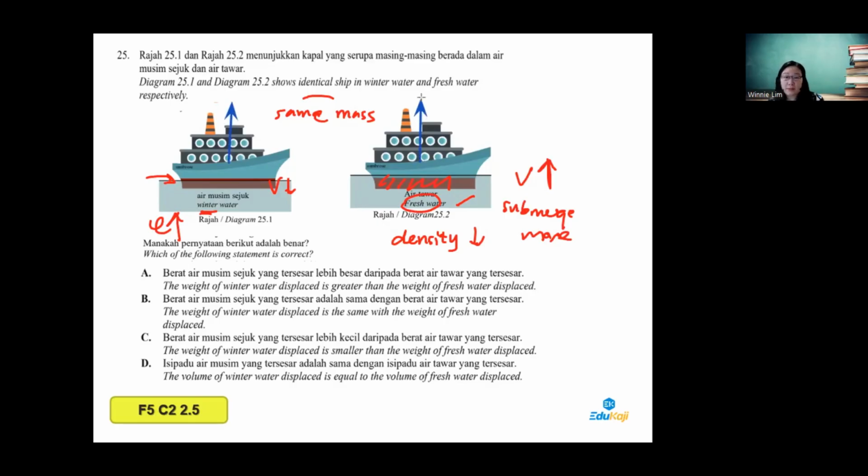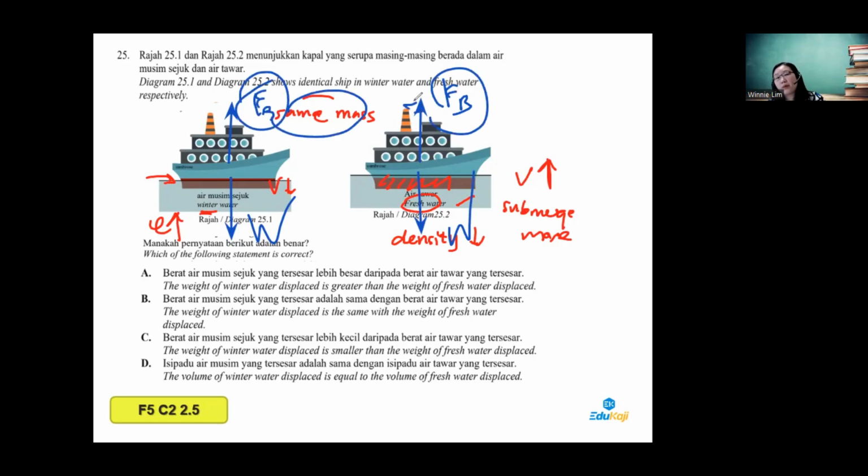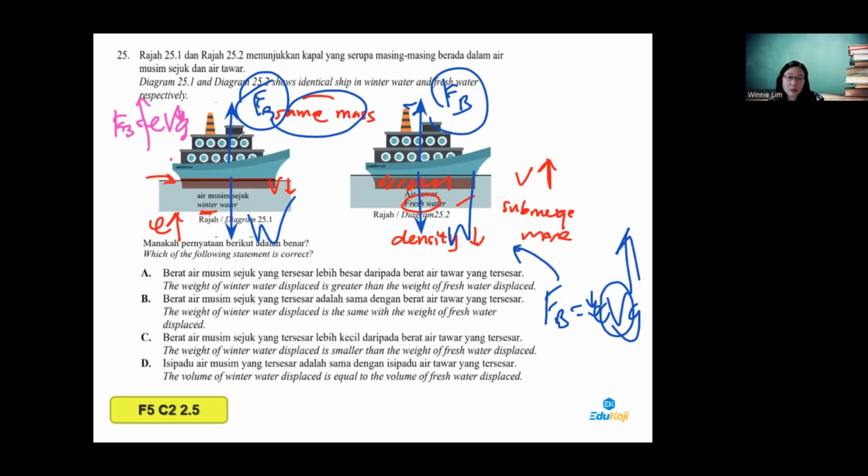Both of them have buoyant force, and their buoyant force must equal their weight. Since these two objects have the same mass, they should have the same buoyant force. With the buoyant force as rho Vg, since this density is lower, you need to displace more liquid. In this case, you have higher density, so you need to displace less liquid. But if both are floating, they have the same weight. Get the idea?